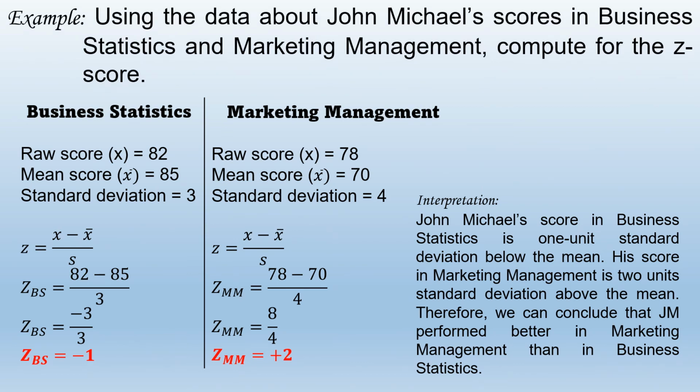Let's look at the example for business statistics and marketing management, using the data. By the way, I would like to emphasize, everybody, that the Z there is what we call the Z value, and X is the raw score. The S is the sample standard deviation. Please take note, the X bar is the sample mean. And then we also have here the population standard deviation, the circled one.